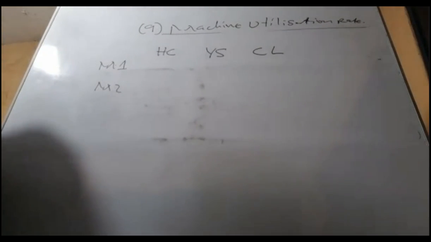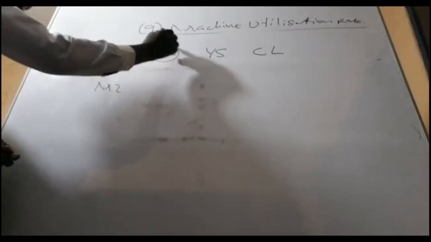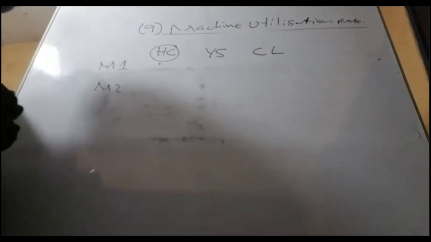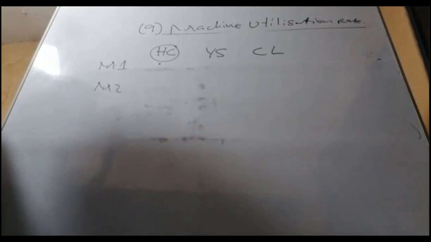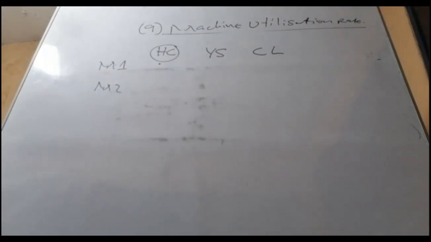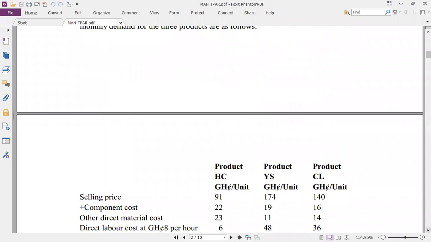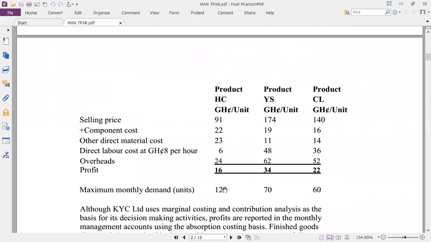Now, you pick the demand for HC and multiply it by the requirement of each one, then we get the hours required. So the demand for HC is 120. When we go down, maximum demand is 120, so we pick the 120.